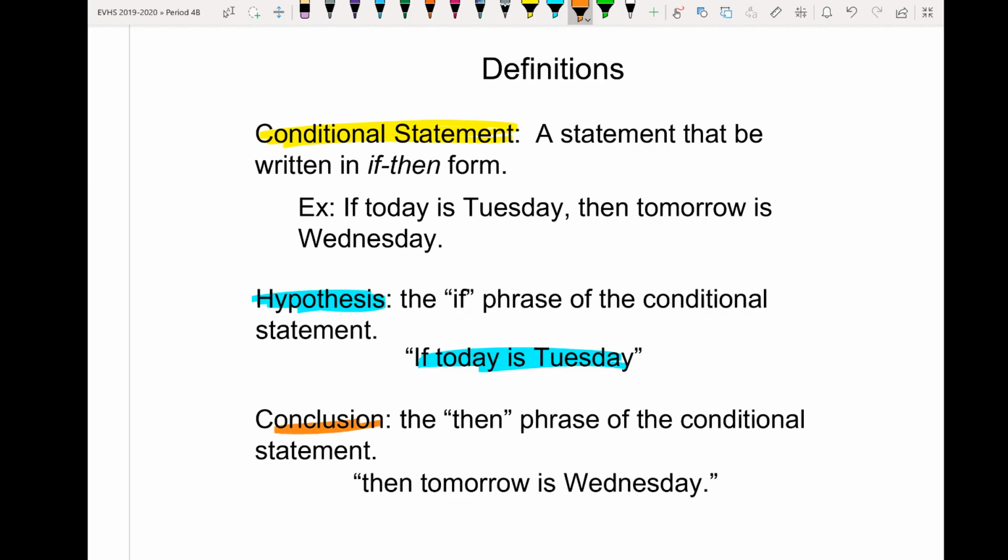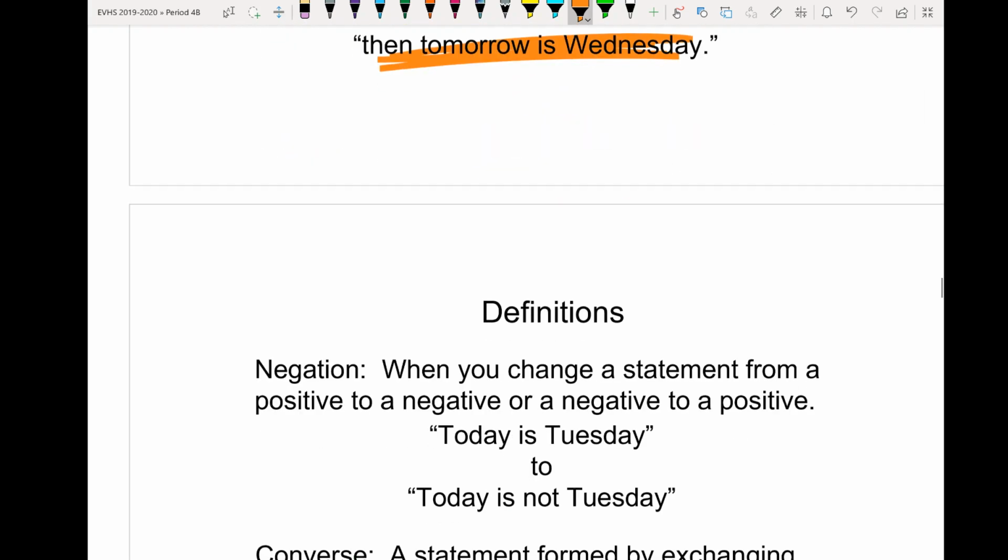Also, my conclusion is the then portion, and I'll be doing that in orange. So there's my blue and there's my orange. Just to color code those. Conclusion is the then portion of the conditional statement. If, then. All right, questions on that? All right, simple definitions.